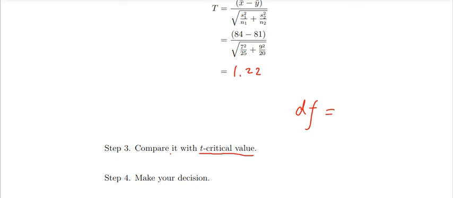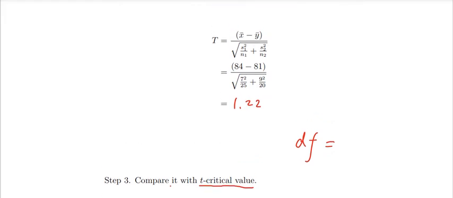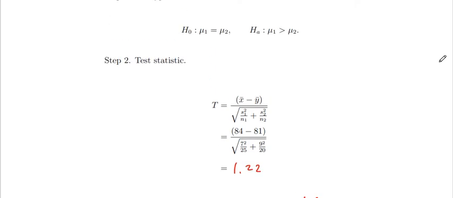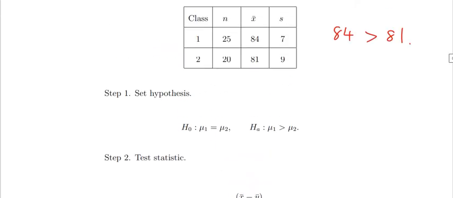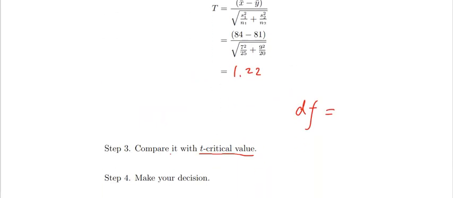Here n is 25 and 20, so the degrees of freedom are 24 and 19, right? We just use the smaller one, so we use 19.